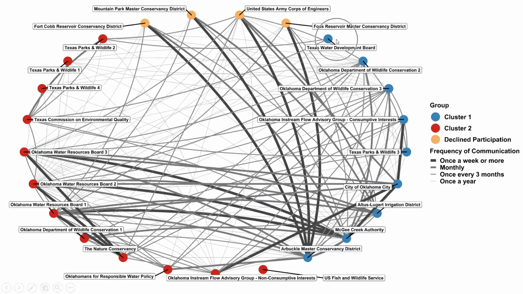They have a pretty good communication network in their state, but they also communicate with the Oklahoma Department of Wildlife Conservation at least once a year on some things. And yeah, I think that's all I wanted to highlight there. So yeah, this is the social network analysis that I put together from the survey.